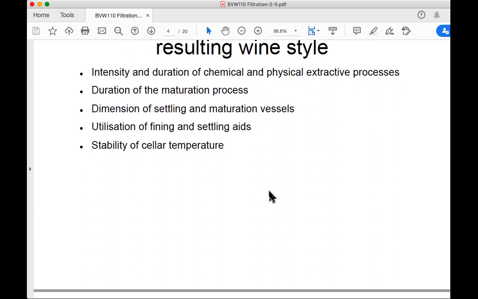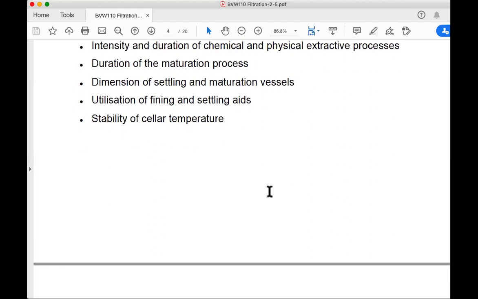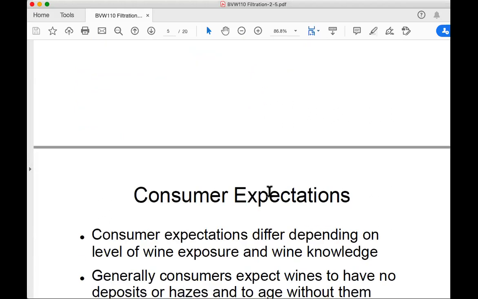Quite often, where we have a cellar that isn't ideal, and most cellars in Australia probably aren't ideal, to be honest, the location of those vessels is given the highest status. So it might not be the tank beside the roller, or it might be the tank at the very back of the cellar, and that improves the settling.